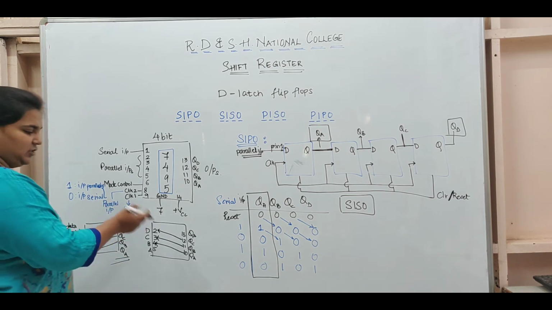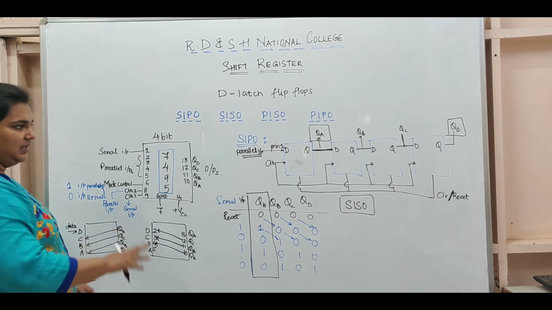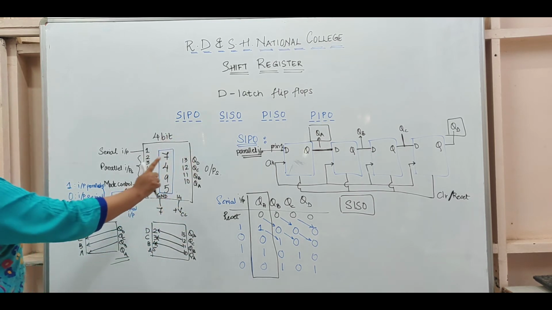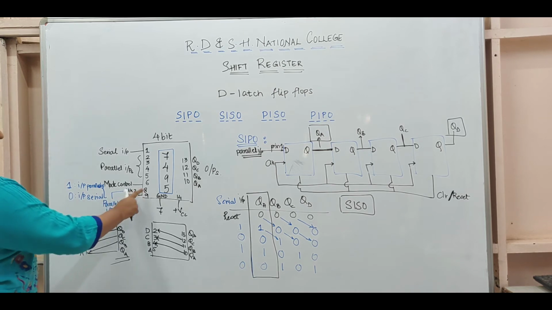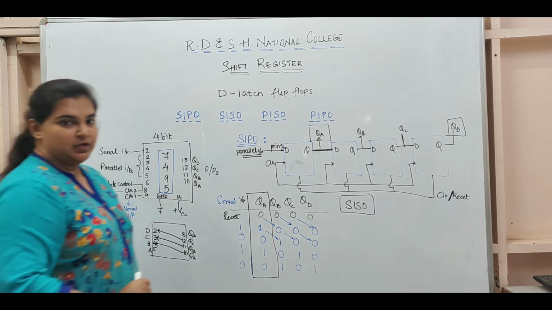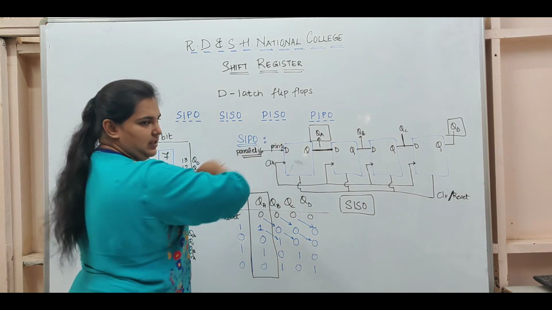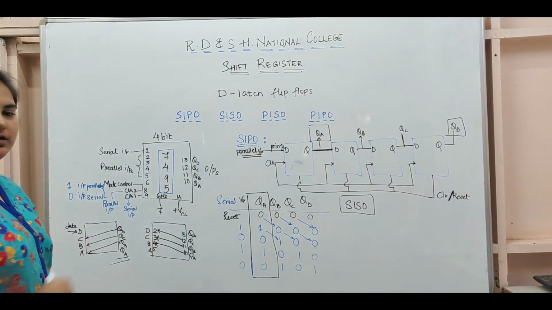So whether I want right shift or left shift, according to that I can make these connections. Now since it is parallel input, the mode control will be 1 and the clock will be given to pin number 8. So this is parallel in, serial out with left shift and right shift.